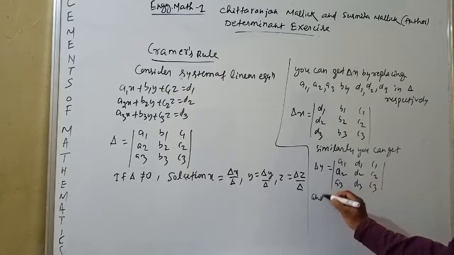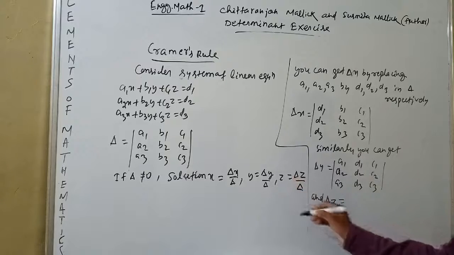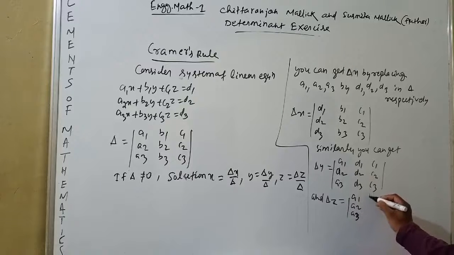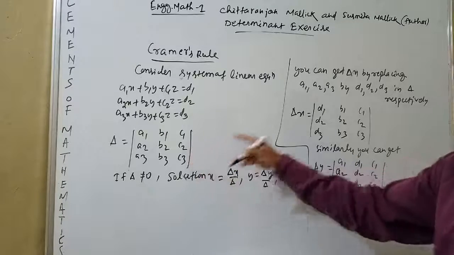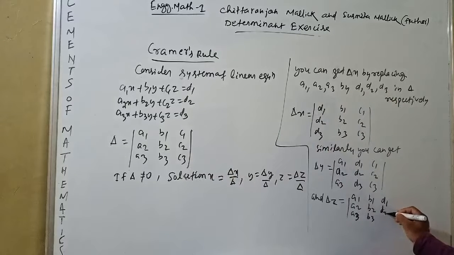And del z is a1, a2, a3, b1, b2, b3, by replacing c1, c2, c3 by d1, d2, d3.